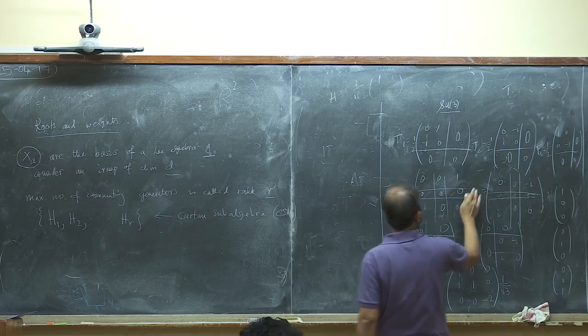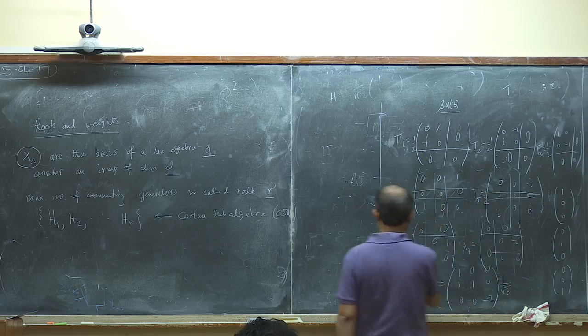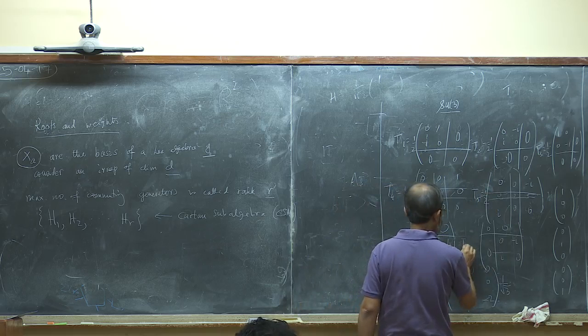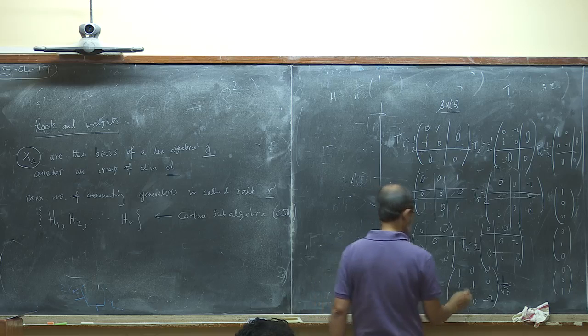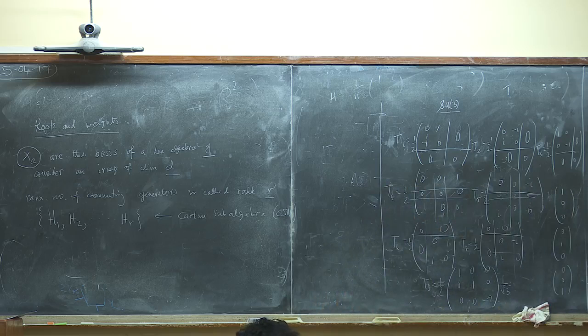This is what we will deal with. T6 is equal to half of that, T7 is equal to half of this, and T8 is half of that, with the half and 1 over square root of 3.